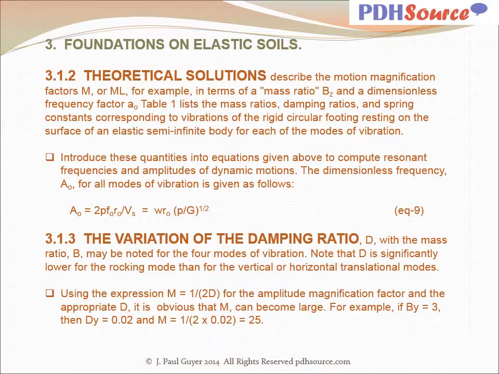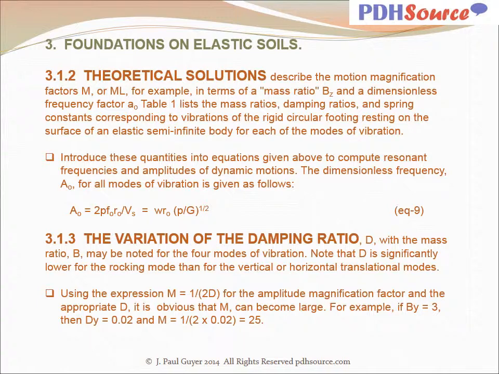Introduce these quantities into equations given above to compute resonant frequencies and amplitudes of dynamic motions. The dimensionless frequency a sub o for all modes of vibration is given by equation 9 on slide 15.